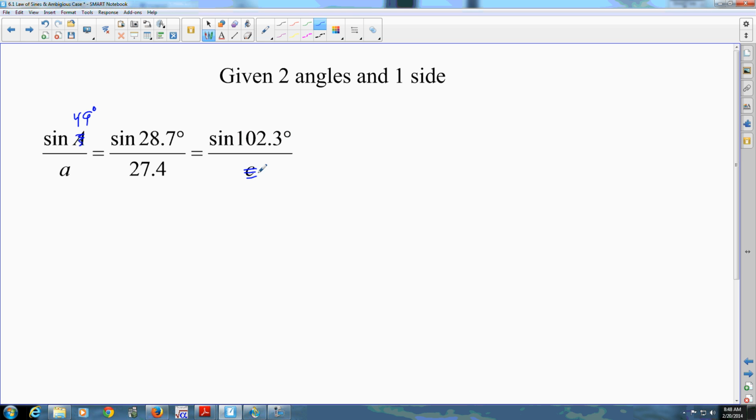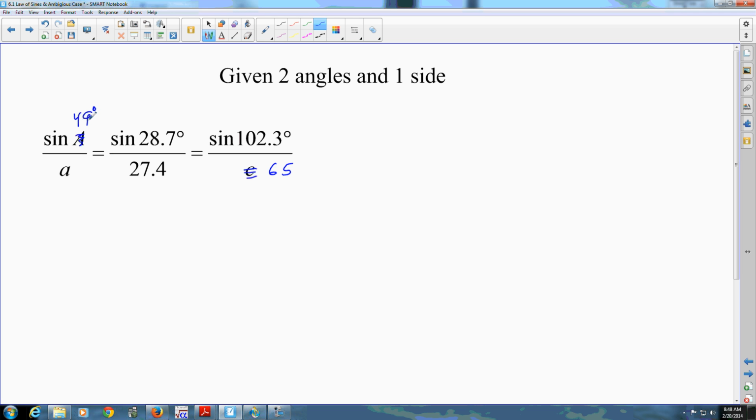We did find side C. You could use it here and cross multiply with it, but that's just an option. If you manufacture a number and you made a mistake on it, let's say you came up with 65, and you use it to find other information, then side A is automatically going to be wrong.